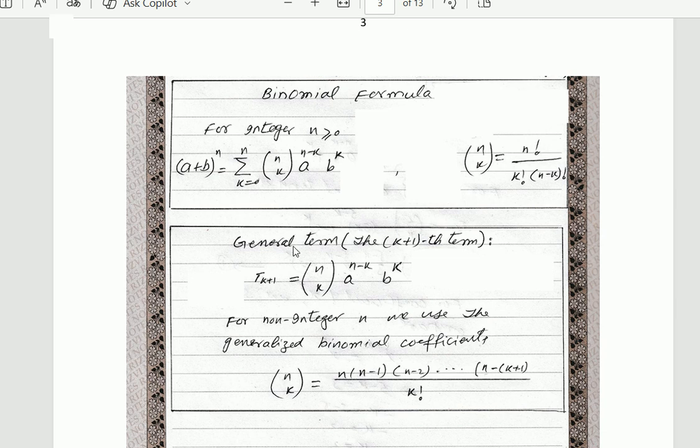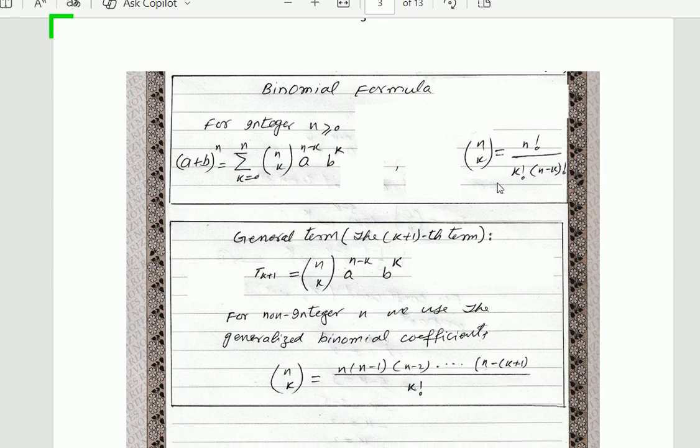The general formula is T(k plus 1) equals nCk a raised to the power n minus k b raised to the power k. For non-integer n, we use the generalized binomial coefficient, n into n minus 1 into n minus 2, and so on. These are the formulas that we shall use in the binomial expansion.